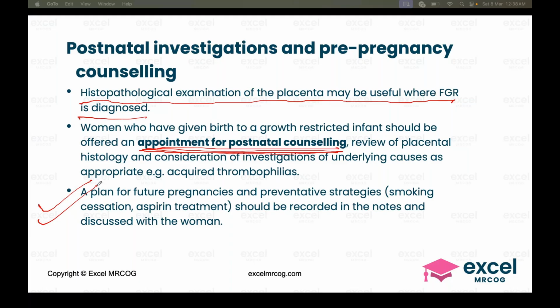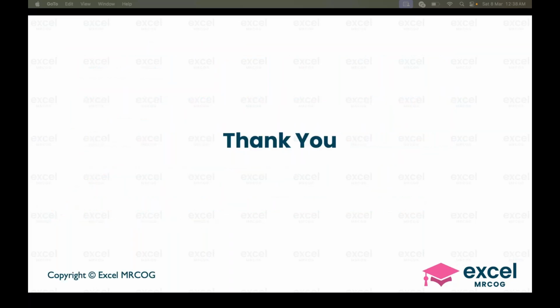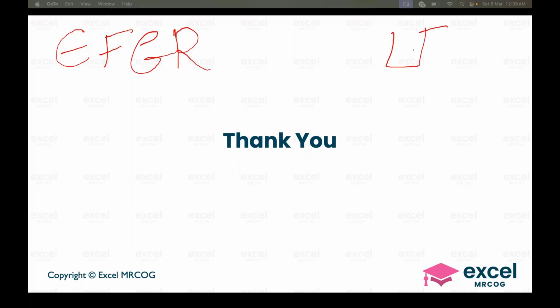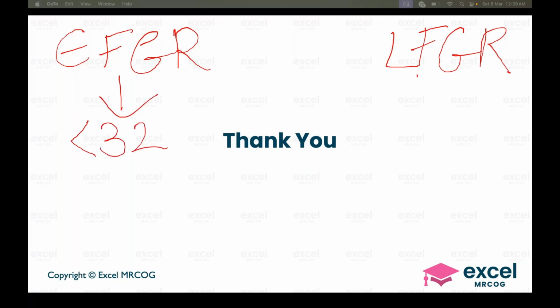All right. So this is all in brief, the entire guideline that is summarized, right? It's very simple. What you need to remember is early FGR, late FGR. Early FGR is less than 32. Late is more than 32. That means it starts more than 32.